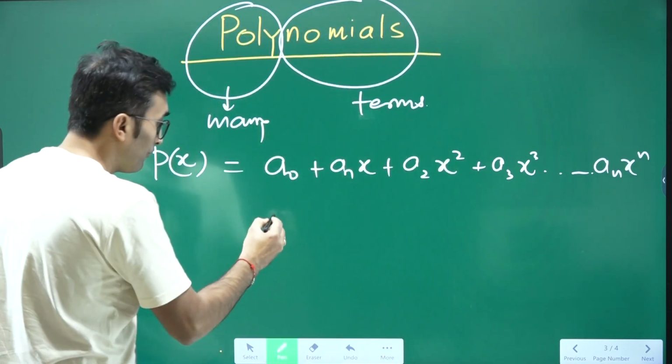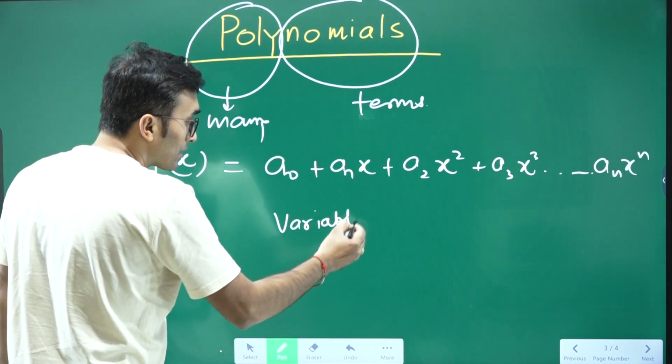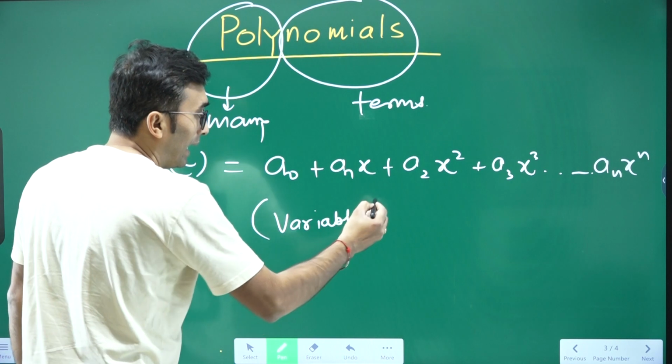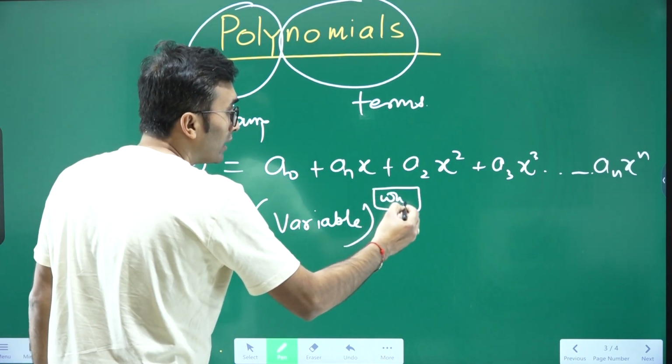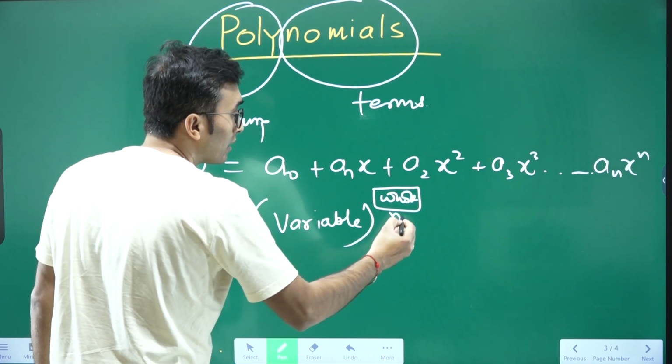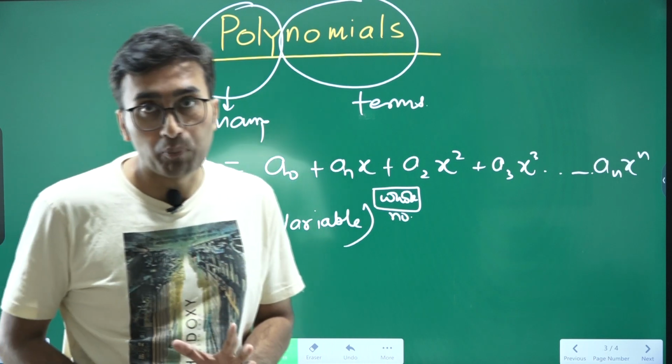Like if we have any variable in a polynomial, so we write the variable and this power should be a whole number. Then only it is said to be a polynomial.